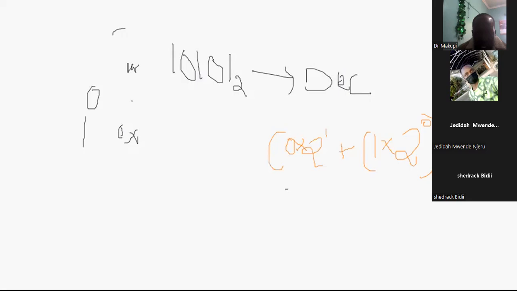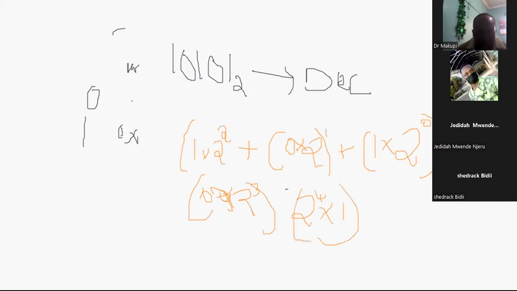I hope you are seeing how the addition is coming in. Again, 2 raised to 2 multiplied by 1. 2 raised to 3 multiplied by 0. Then the last one is 2 raised to 4 multiplied by 1. Then you add all of them.